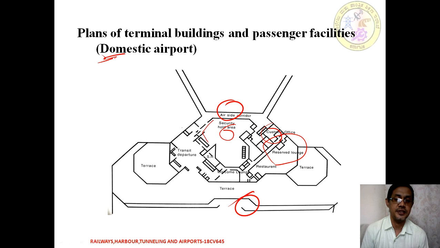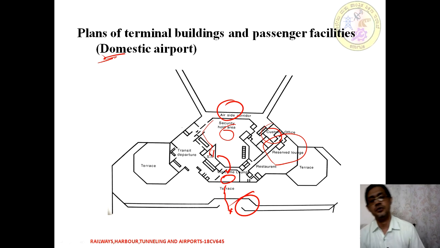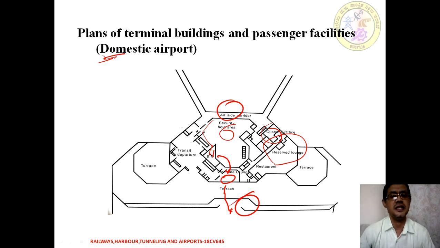Directly we can come over here, where we can have some counters. From those counters we have a welcome lounge. There we have a direct provision for the terrace, or we can provide the entry to the taxiway. So these are all different types of plans provided depending upon the functionality of a terminal building or airport.